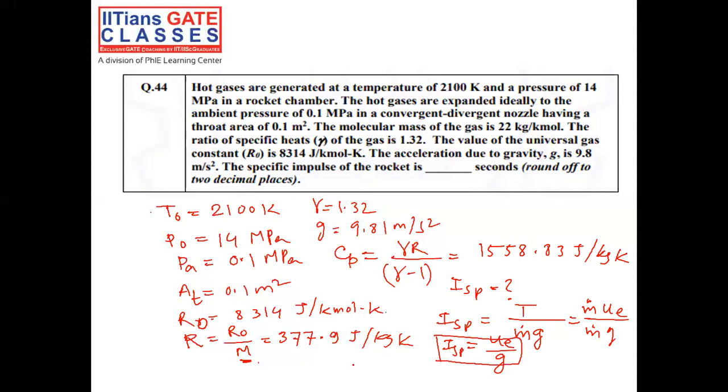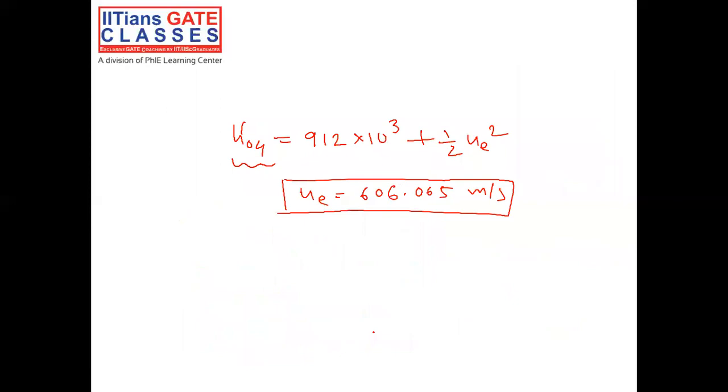Okay. Now the exhaust velocity from the nozzle that we have to calculate. So exhaust velocity from the nozzle can be calculated from the energy balance equation across the nozzle.